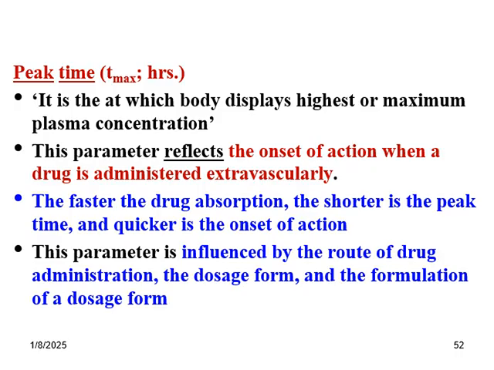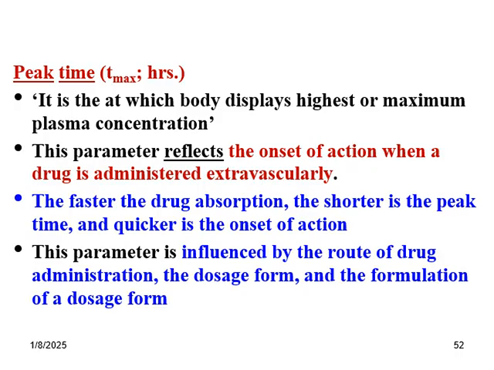This parameter, peak time, reflects the onset of action where a drug is administered extravascularly in that plot. It reflects, but is not the same as, the onset; it can have some relation to that. Why onset of action?